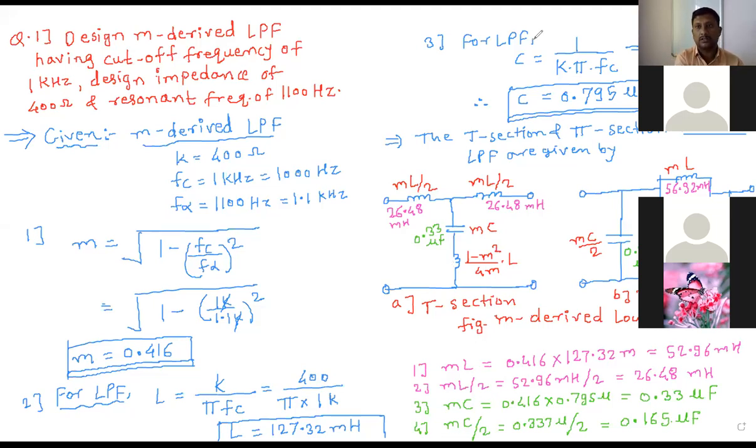That is 63.27 millihenry because it is an inductor. Now similarly calculate this last part, 1 minus M square divided by 4M into C, for the capacitor.